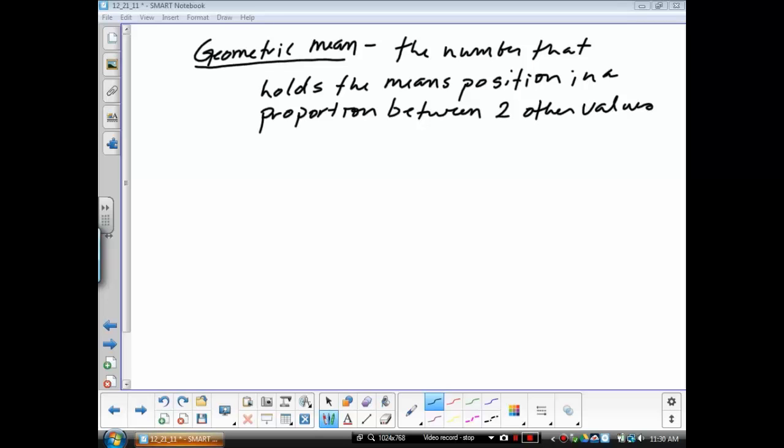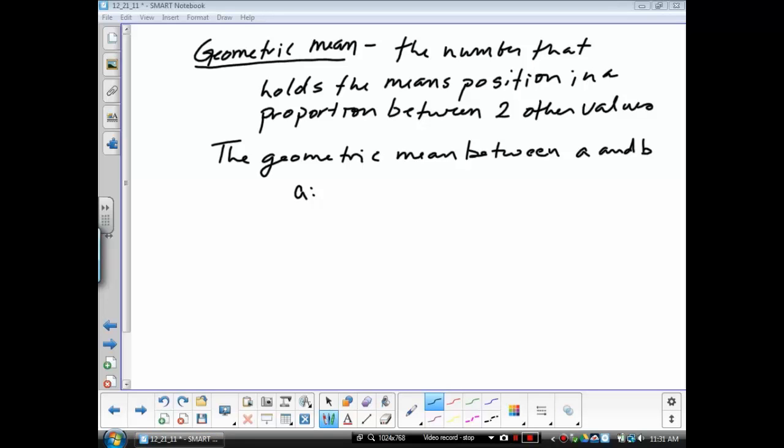So the geometric mean between A and B would be the number that's in the means position between A and B.